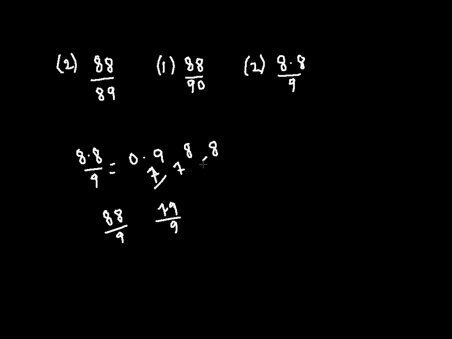Remainder is 6. Now 68 by 9. 9 7s are 63. Remainder is 5. 9 6s are 54. Remainder is 3. So the process can be continued to any number of places.